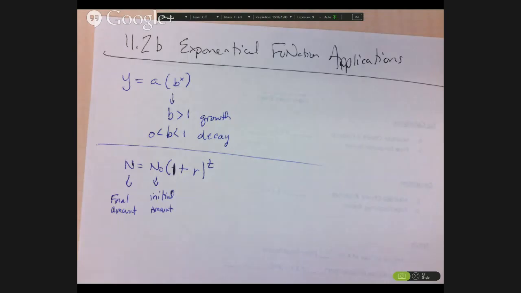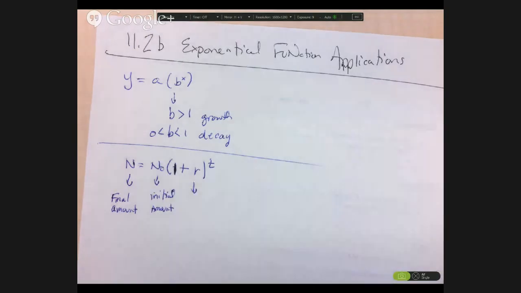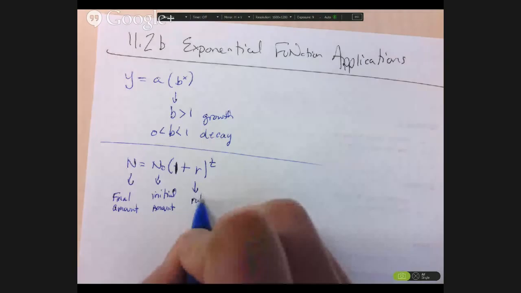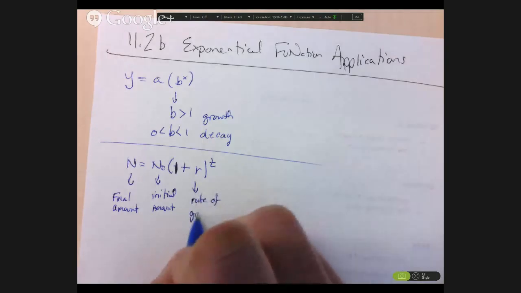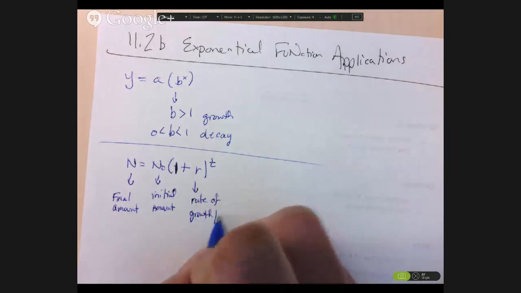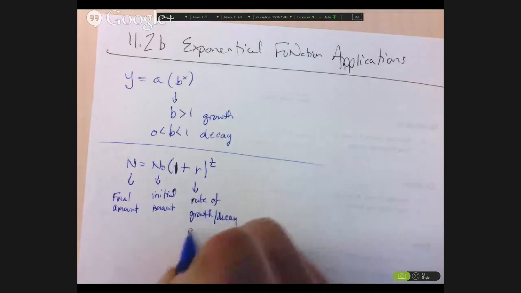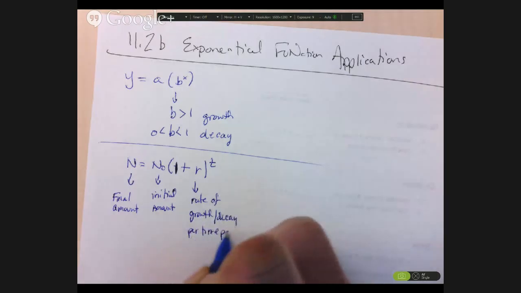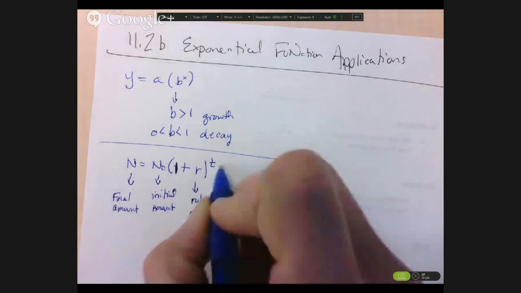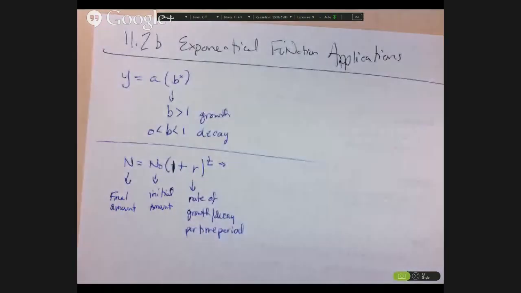A sub 0, acceleration. R is the rate of growth or decay per time period. And T is the number of time periods.